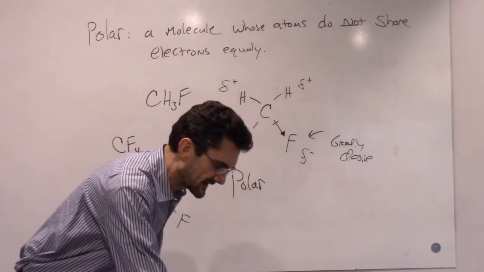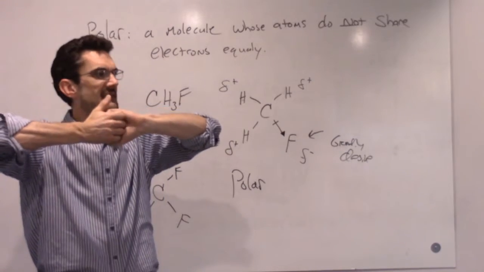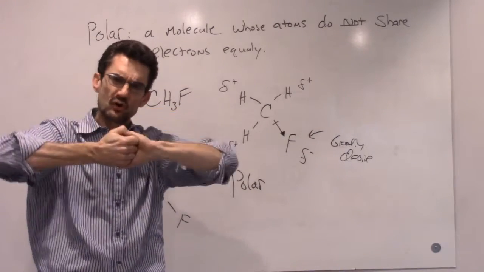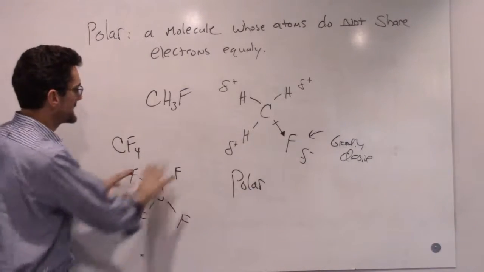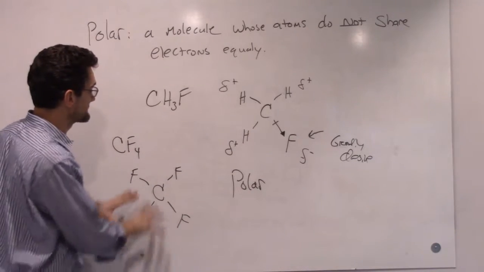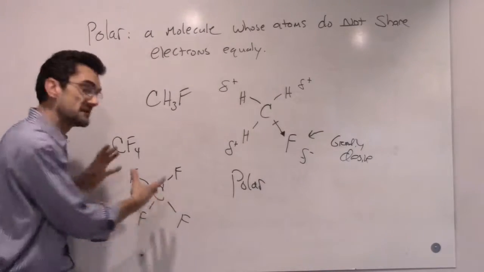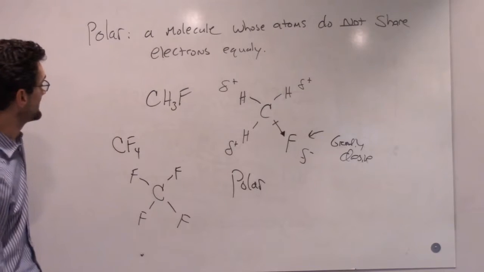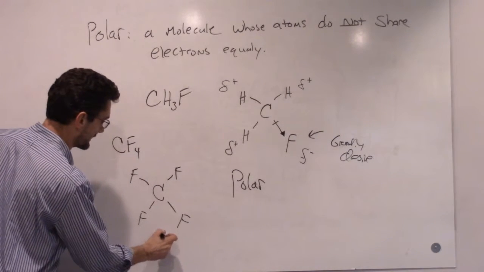The carbon in the center is being pulled, but it's being pulled equally in all directions. It's being stretched equally in all directions. Because of that, there is no dipole moment for CF4. And we call this guy nonpolar.